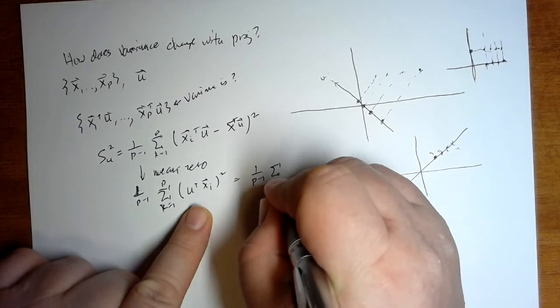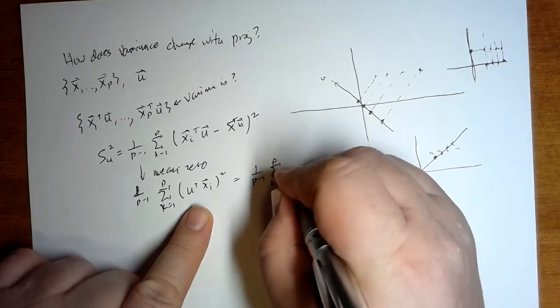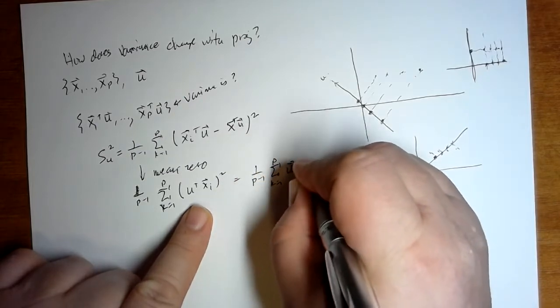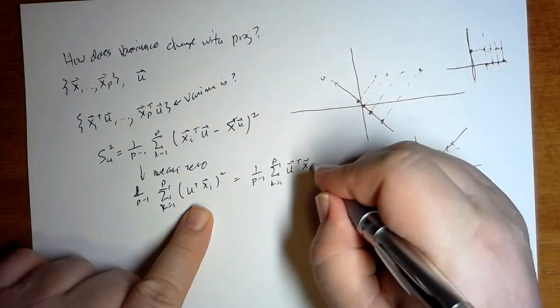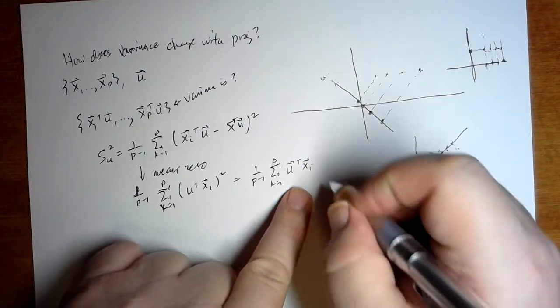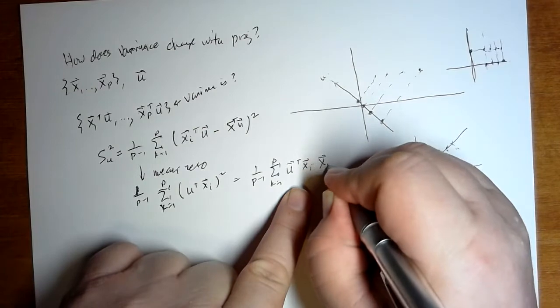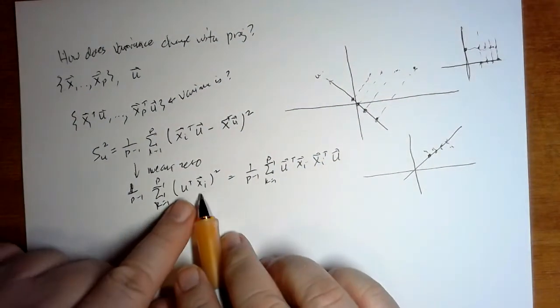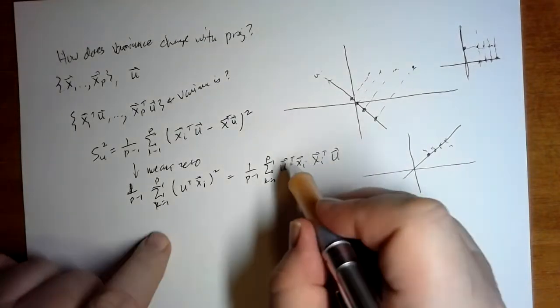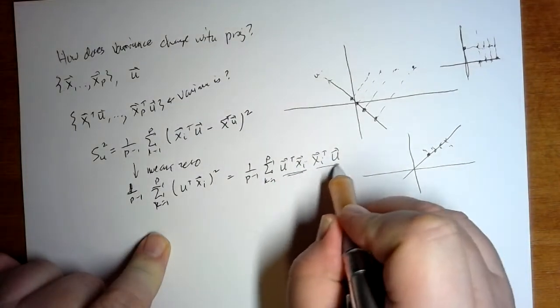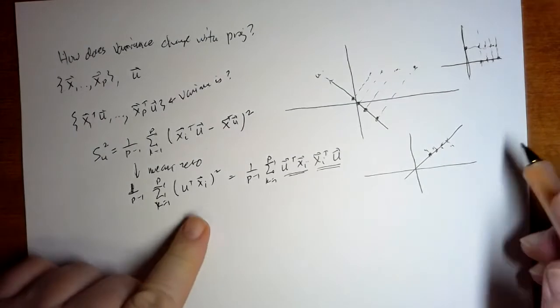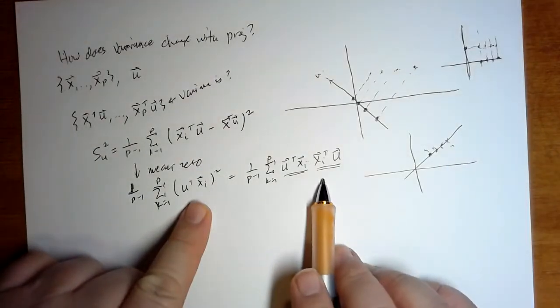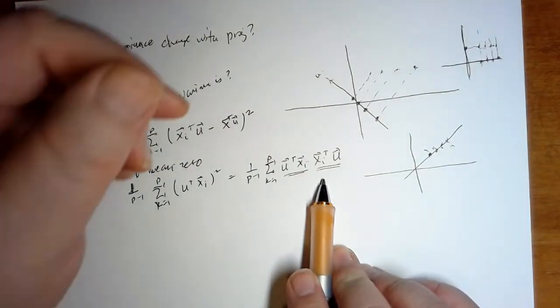I'm just going to rewrite that as u transpose xi times xi transpose u, reversing the dot product because I can. You can reverse the dot product, it doesn't change anything. And notice that this is a scalar and this is the same scalar, so the squaring just becomes this product.